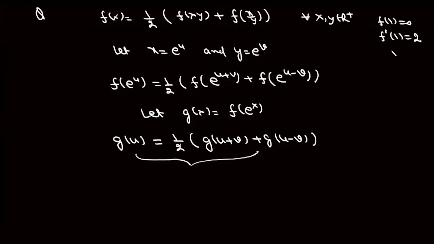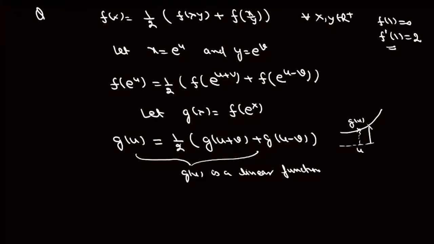And because we are given f'(1), f(x) is differentiable. That means g(x) will be continuous. So this g(u) must be a linear function. And if we look at this, suppose this is u and this is g(u).